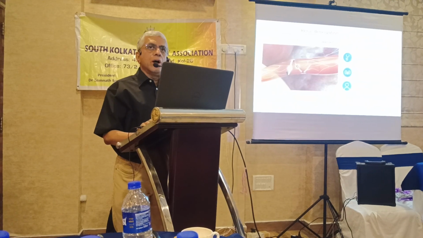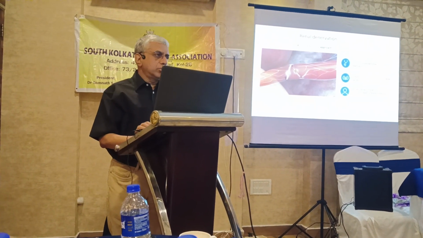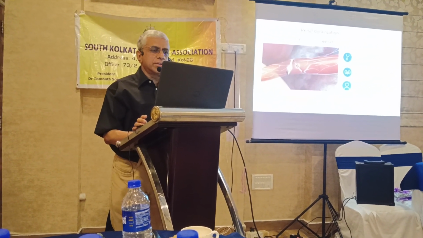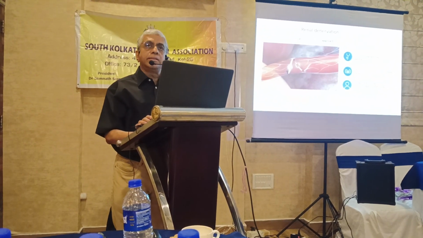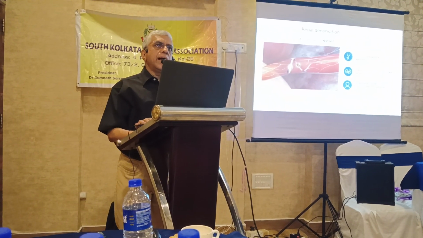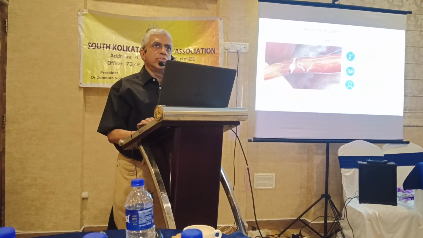Now let's come to what renal nerve denervation is. As Dr. Kundu has already said, it's a simple approach. It's not something very complicated. It is an interventional approach where we ablate the nerves around the renal arteries.